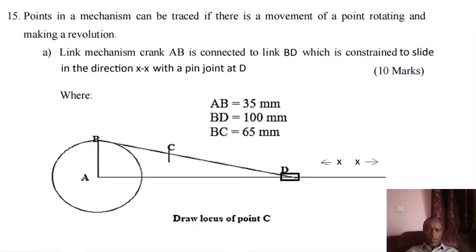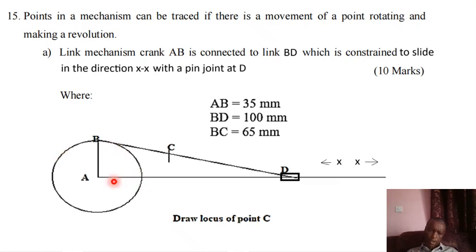So in the correction here, we can see that in this link mechanism, AB, just the same AB, which is 35. That means that this circle is the locus traced by point B. The point B will be rotating within this circle like that.